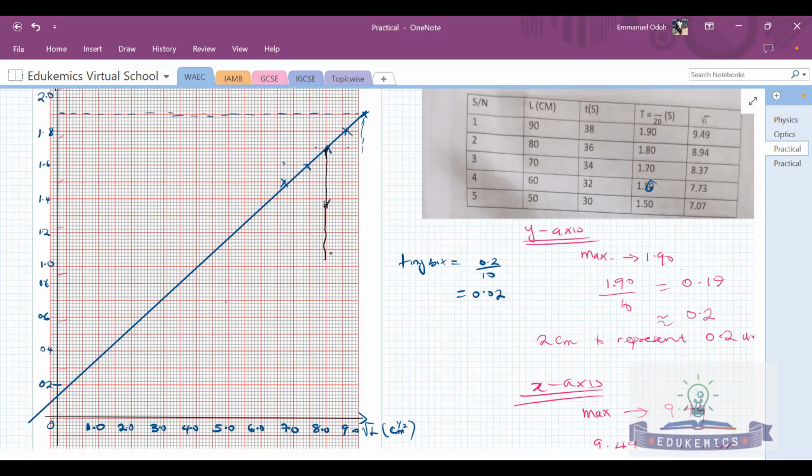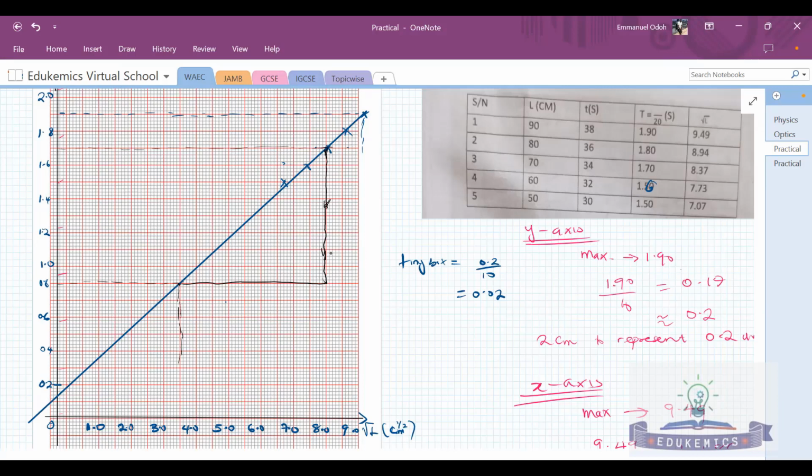This point is way easy for me to locate. So I can pick it like this. Make sure you use your ruler. So I can trace it to this place. Use your ruler to trace it up and down.